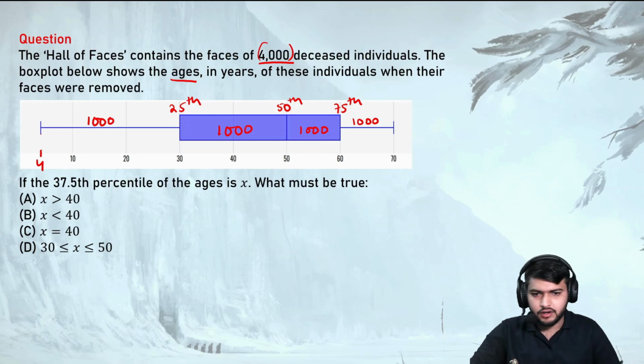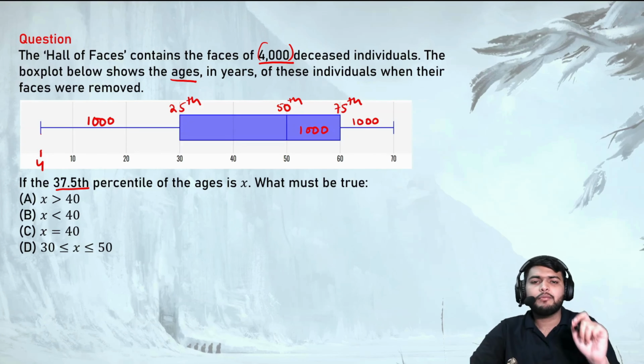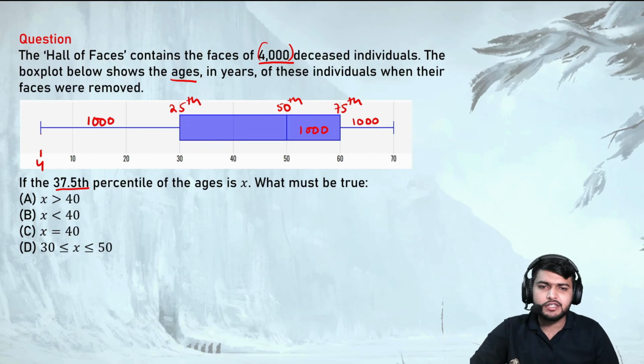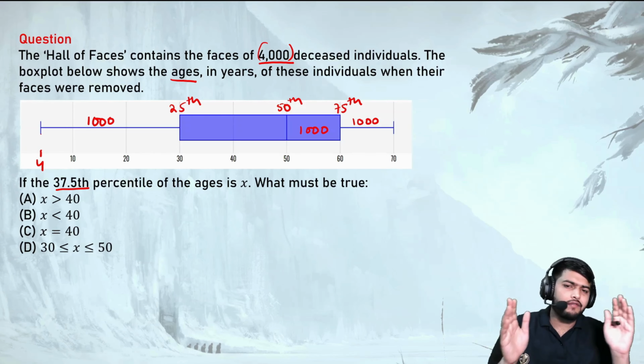Let's read the question further. If the 37.5th percentile of the ages is X, what must be true? Okay. Now 25th percentile is this, 50th percentile is this. 37.5 is equidistant from 25 and 50, or you can say it's the average of 25 and 50.